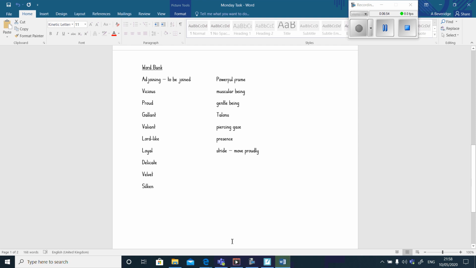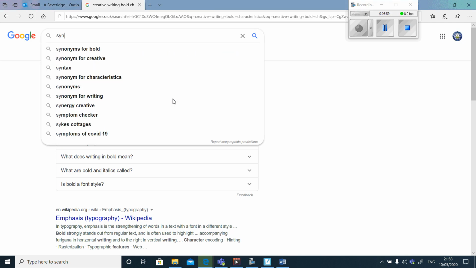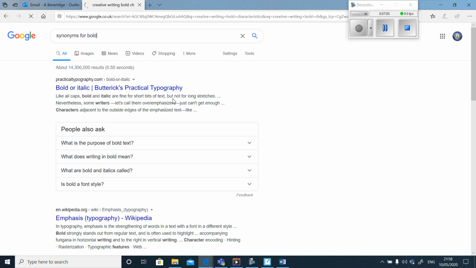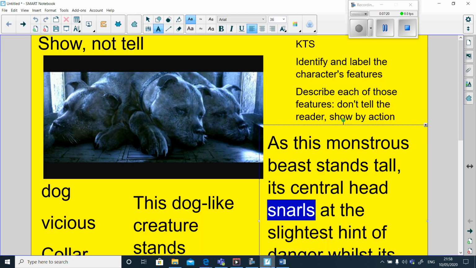And so going on to Google and just typing in synonyms for, and then in this case synonyms for bold, I can see that coming up on my screen are lots of alternatives that I could use. So there are alternatives that you can use, and if you're struggling, then there are things there that can help you along the way.